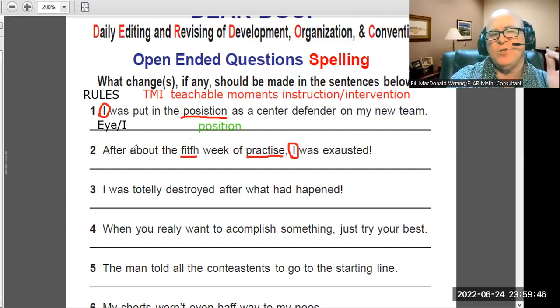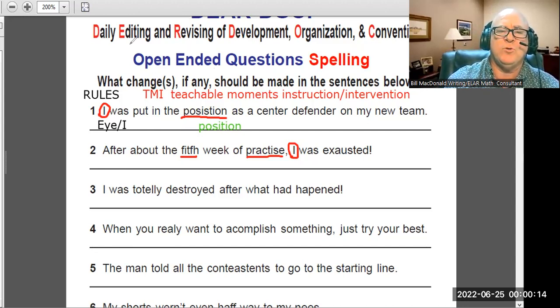And if you don't believe me, you can check online, but I checked myself because I saw that happen on the real test where in the passage, it was one way, but in the answer choices, it was a different way with a comma. So I wanted to find out why that happened, and that's the case. Again, a teachable moment of instruction. So let's see what we can do here.